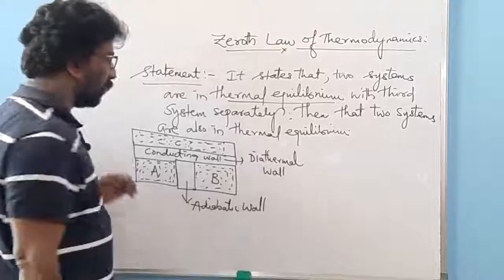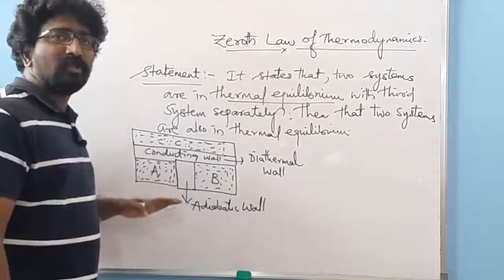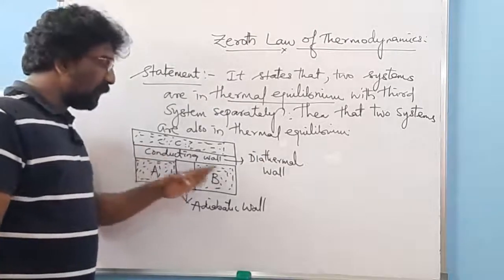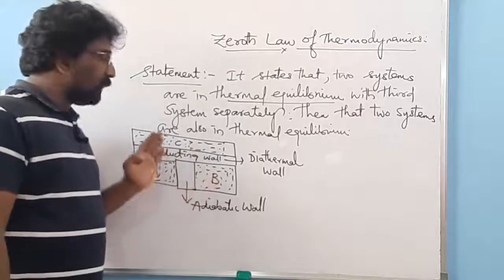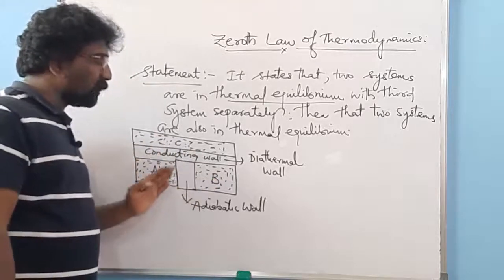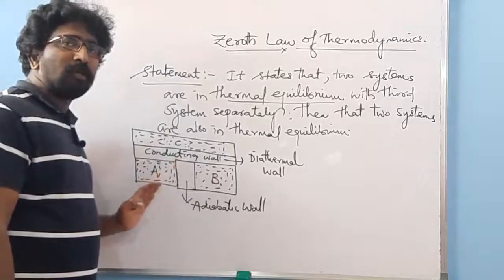It's a diathermal wall. So see now, if I am having the two systems, system A and system B, which are composed of some matter, and now these two systems are not in thermal equilibrium.